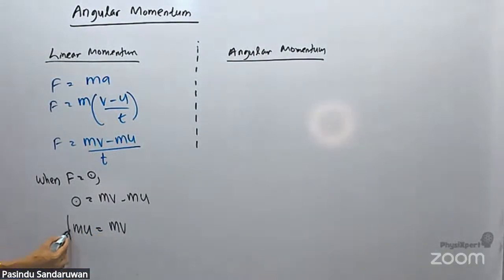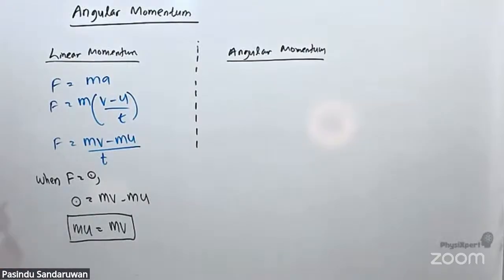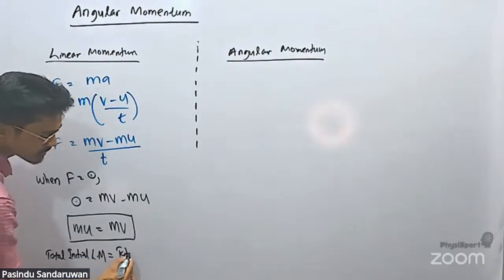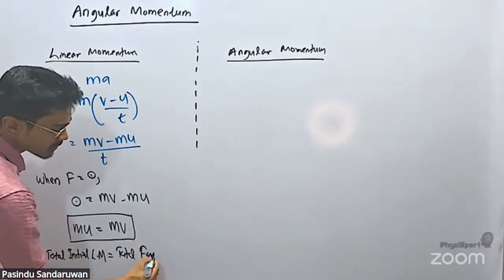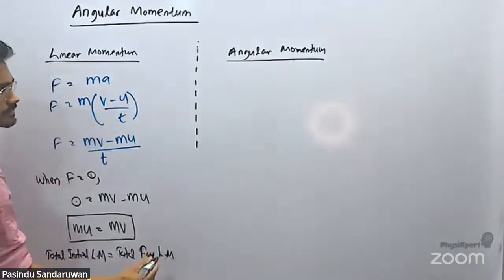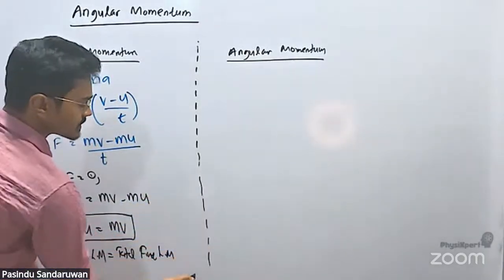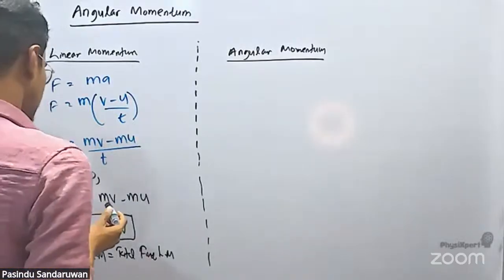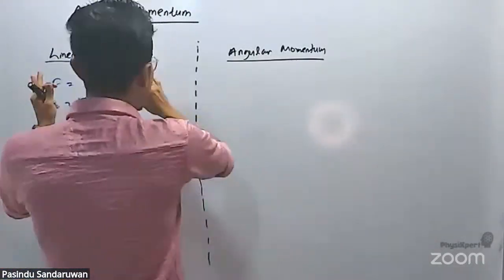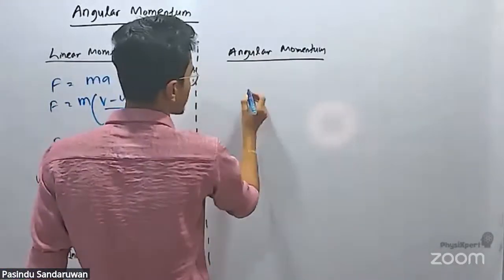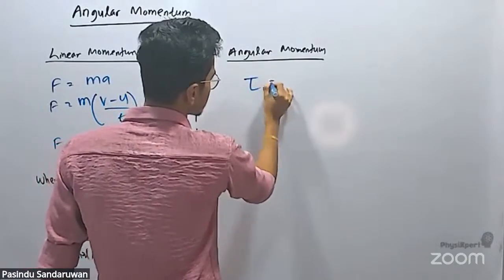Mu equals mv means total initial linear momentum equals total final linear momentum. So here what happens is the exact comparative one. As F equals ma, what we have in angular motion is torque equals I alpha.